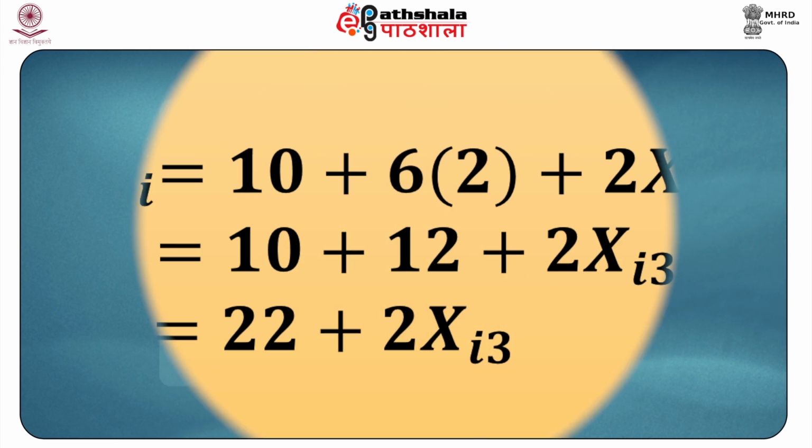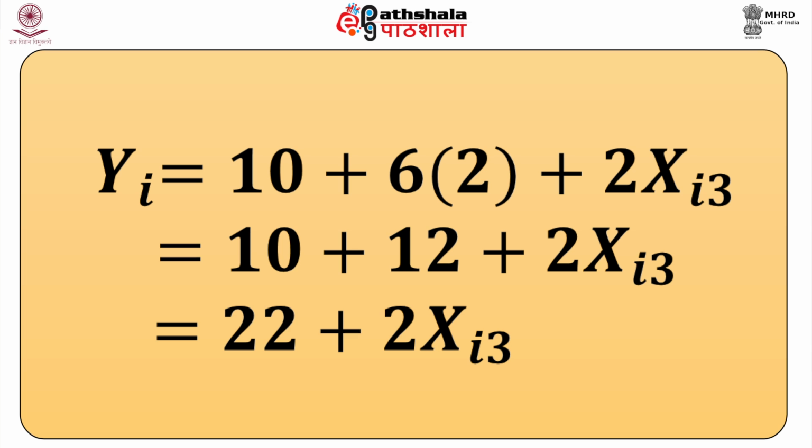Similarly, now holding x2 constant at, for example, 2, we get yi is equal to 10 plus 6 into 2 plus 2 xi3, which is equal to 10 plus 12 plus 2 xi3, hence equal to 22 plus 2 xi3. Therefore, beta 3 equal to 2 implies that the average value of y increases by 2 with a unit increase in x3, holding x2 constant.